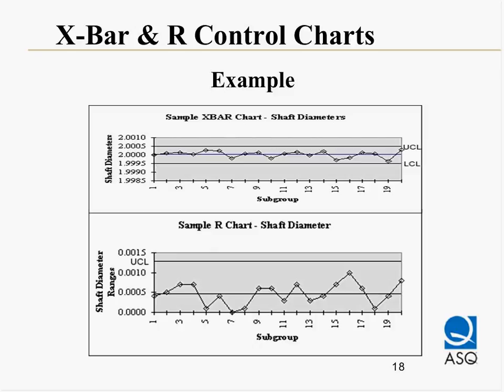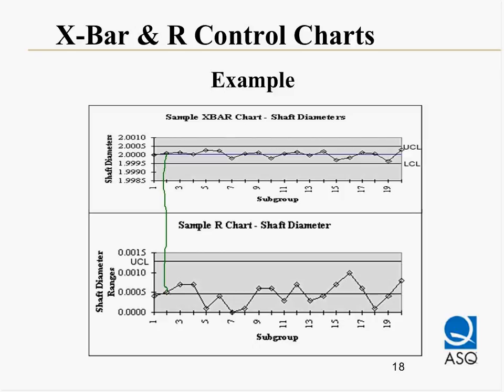If we draw a line, it should be a straight line like this. What we've got is an average of, let's say, 5 points right here. And here we see the difference between the highest value in that sample and the lowest value, and we plot that. And so you can see that you've got averages and a chart of the variation around those averages using the X-bar and R chart.